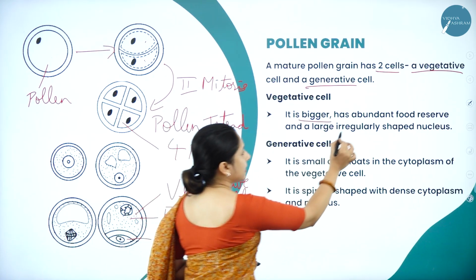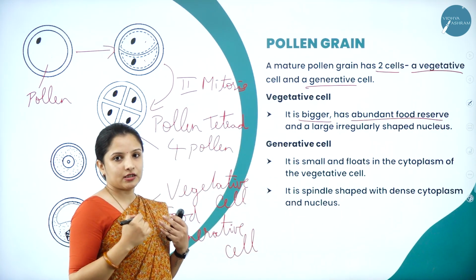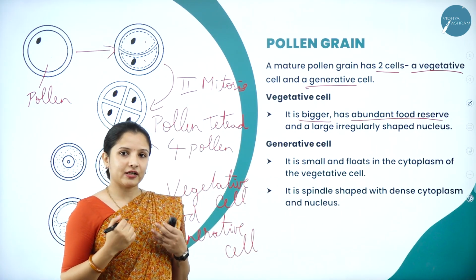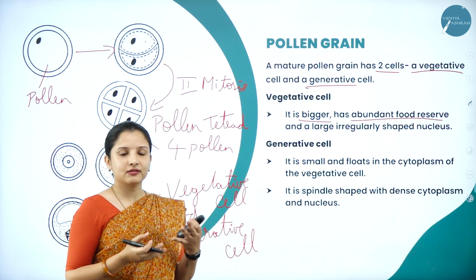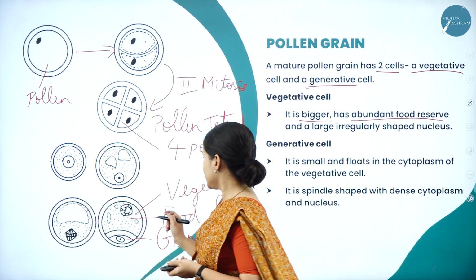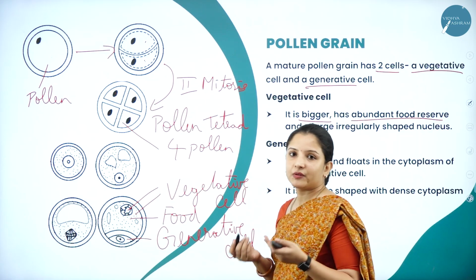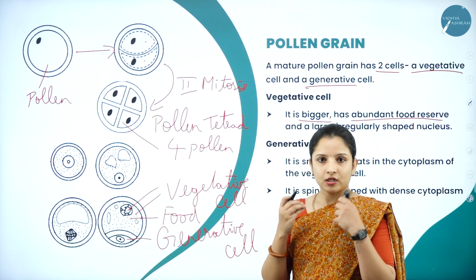It has abundant food reserve, and it has a large irregularly shaped nucleus. Why irregularly shaped? Because the nucleus is neither round nor spherical. It has no particular shape. That is why it is called an irregularly shaped nucleus.